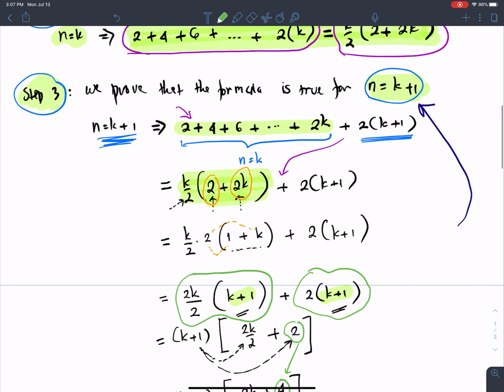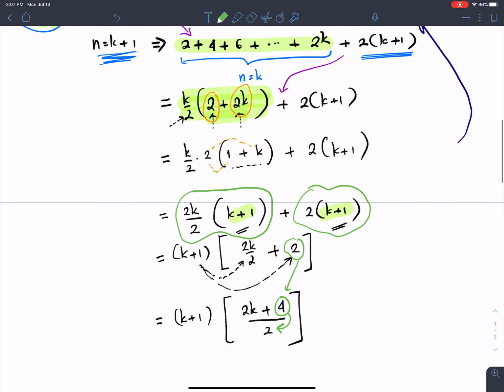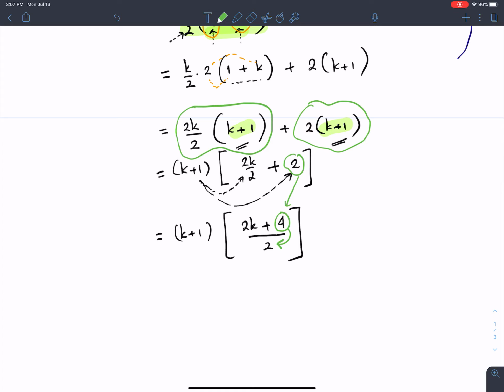Okay, so what's next? Next we manipulate again. Since I have over 2 already, so I have k plus 1. I take out the over 2 from inside the bracket. So I have done. What's left inside? We're left with 2k plus 4.